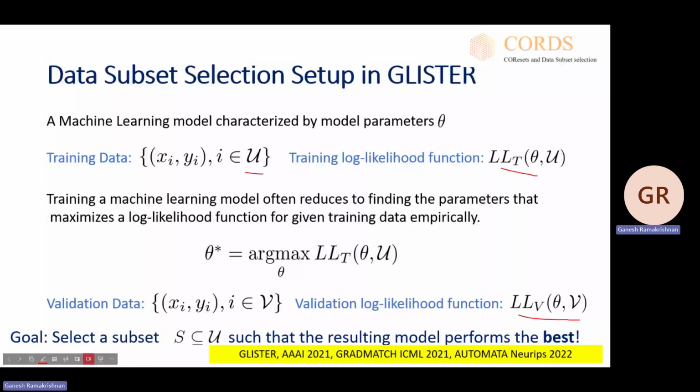Argmax means that it maximizes. So S subset of U. So argmax is over S. Argmax over theta. S. And then what is this here? S. And then this, the entire thing.